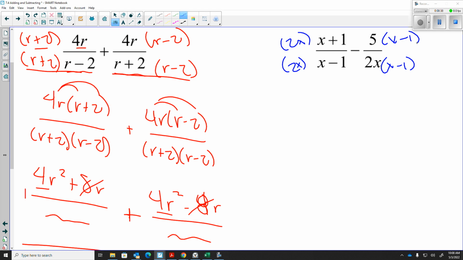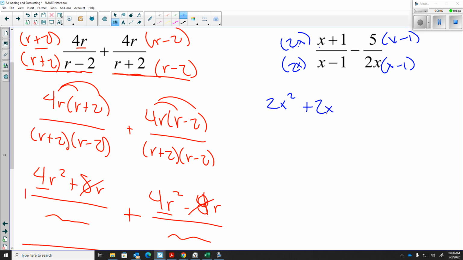Do you need to multiply them on the bottom? You could if you wanted to, but do you have to? No, because they match. So whatever, they're good. You don't have to multiply them. I am going to multiply what's on top, though. 2x times x is 2x squared, and 2x times 1 plus 2x, right?